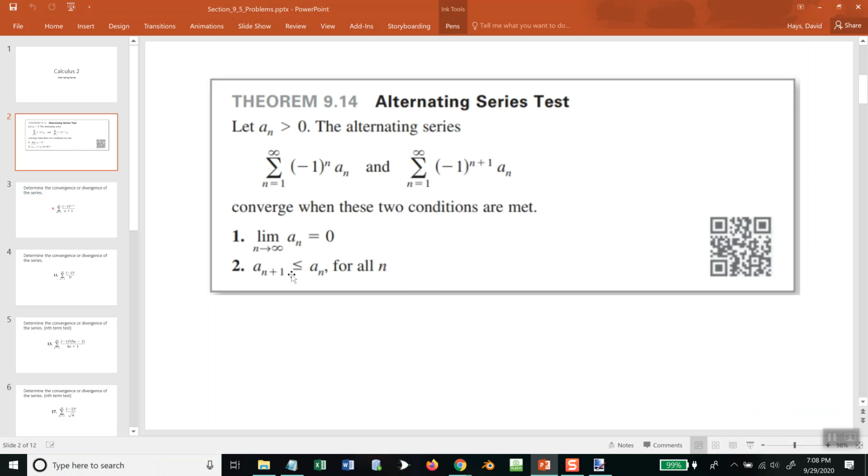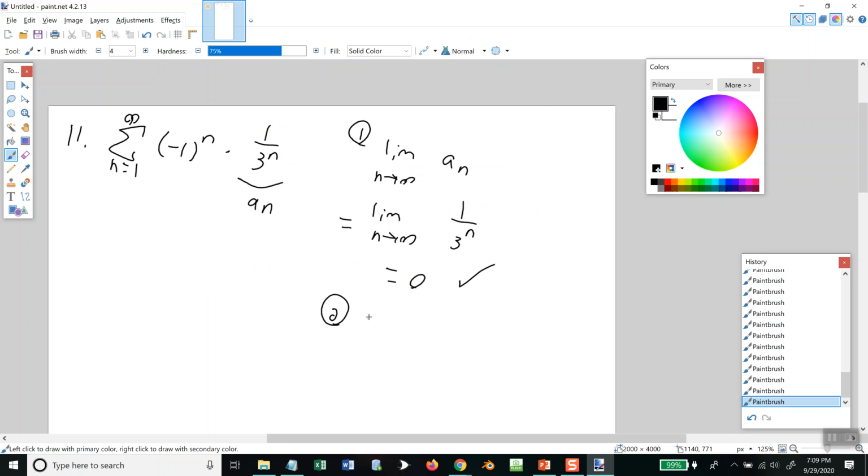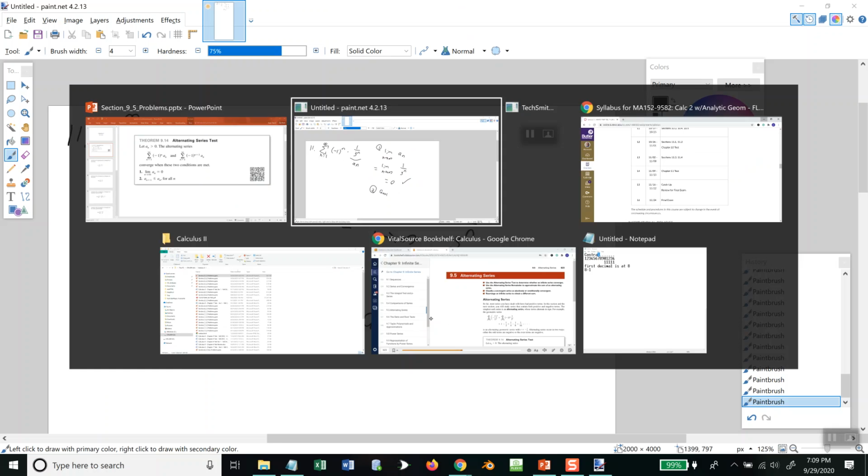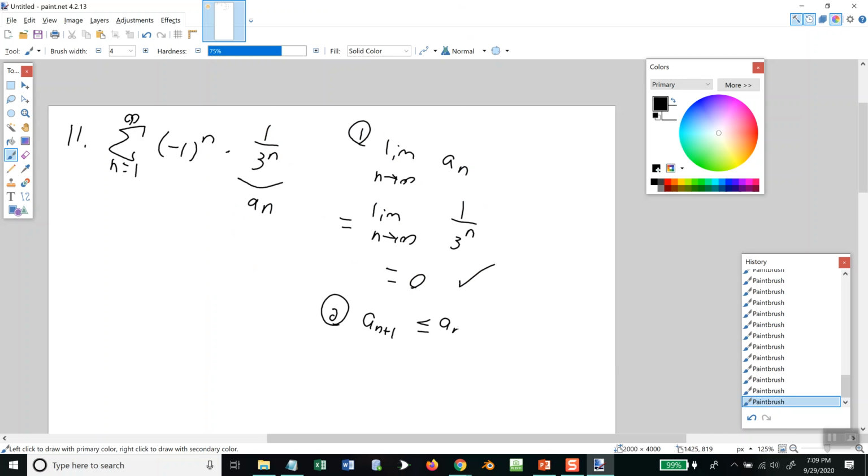Second criteria is this check right here. A sub n plus 1 has got to be less than or equal to a sub n. If I were to plug in n plus 1 for the n, specifically into the a sub n here, I'm going to have 1 over 3 to the n plus 1, compared with 1 over 3 to the n.